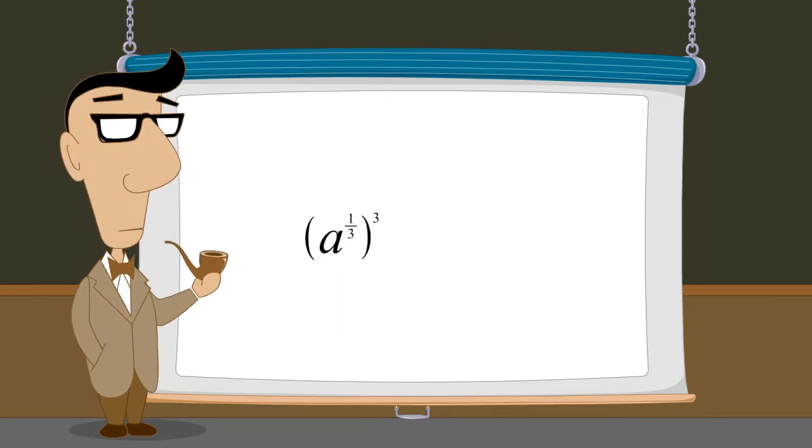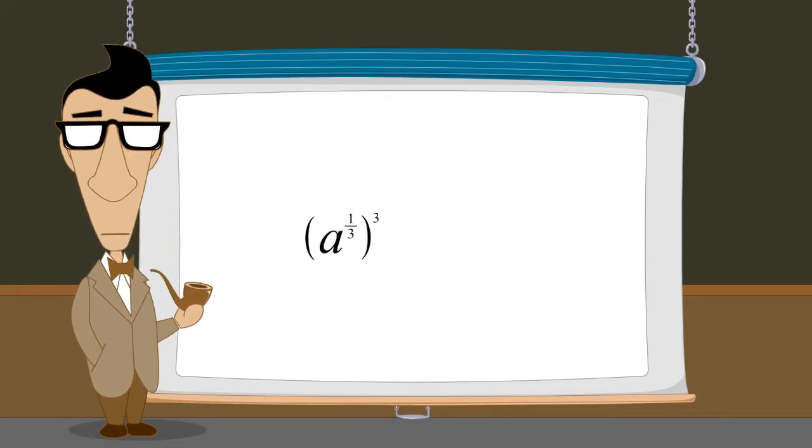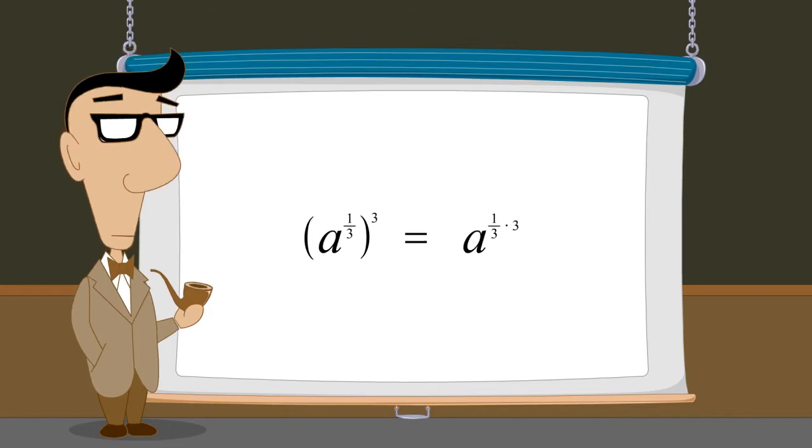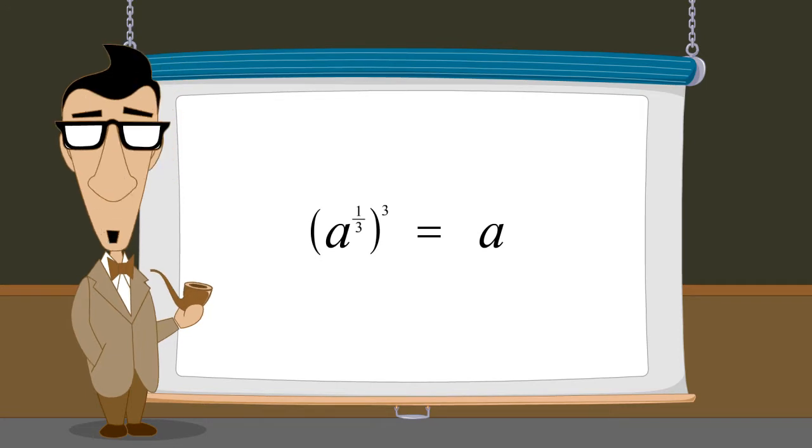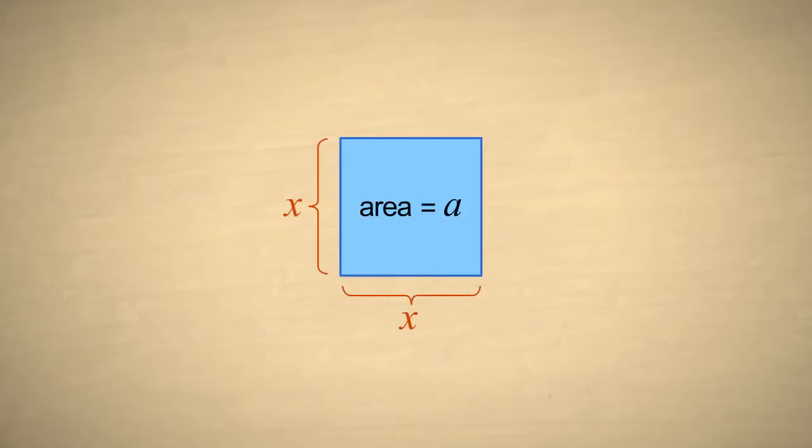Likewise, if we cube a to the 1/3, multiplying the exponents, we also get a to the first power, or a. Therefore, a to the 1/3 must be the cube root of a. Just like square roots, cube roots can be thought of geometrically.